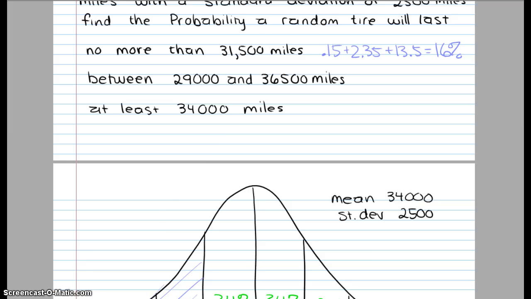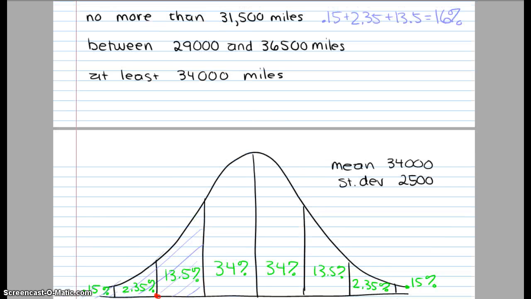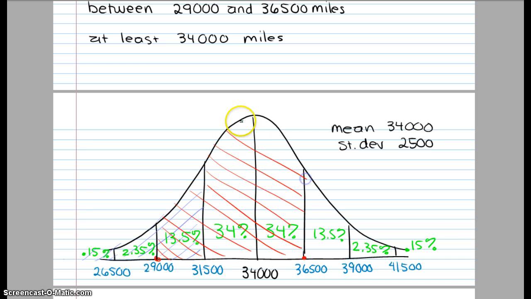What's the chance that I get a tire that lasts somewhere between 29,000 miles and 36,500 miles? So now I want to know the chance of getting tires in this interval between 29,000 and 36,500.